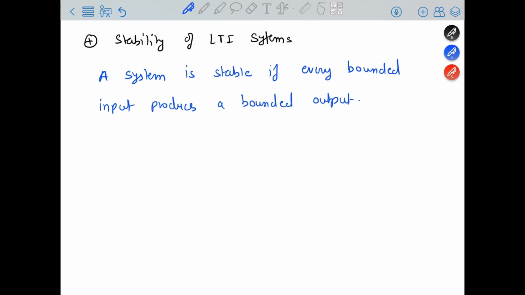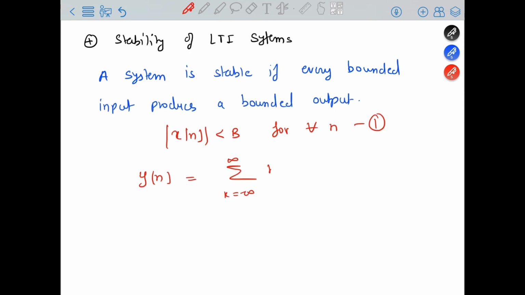Let's see it with some expressions. We have x[n] whose magnitude is less than B, where B represents some bounded value, and this is for all values of n. Suppose this is equation 1. We can write y[n] in terms of the convolution sum as the sum from k equals minus infinity to infinity of h[k] x[n minus k], and we are interested in the magnitude of this.